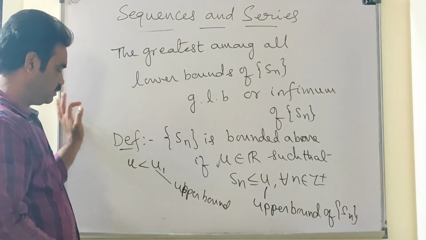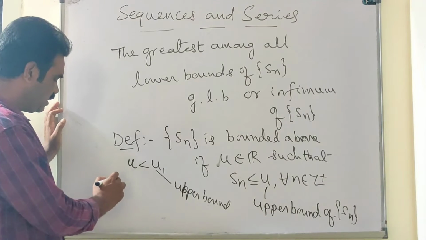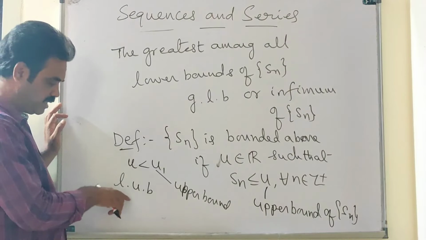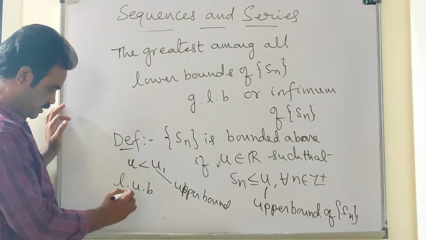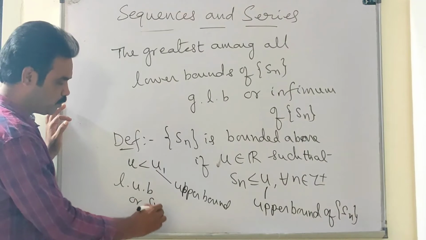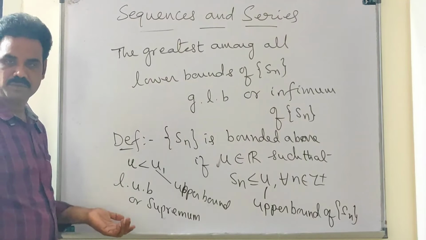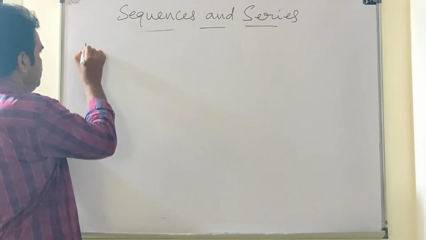The least among all the upper bounds of a sequence is called the least upper bound, or simply LUB, or supremum. Next definition: bounded sequence.